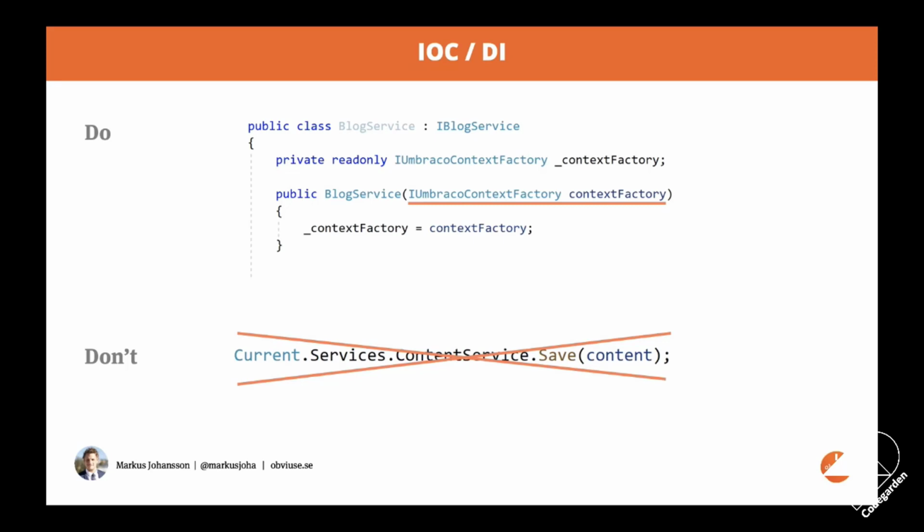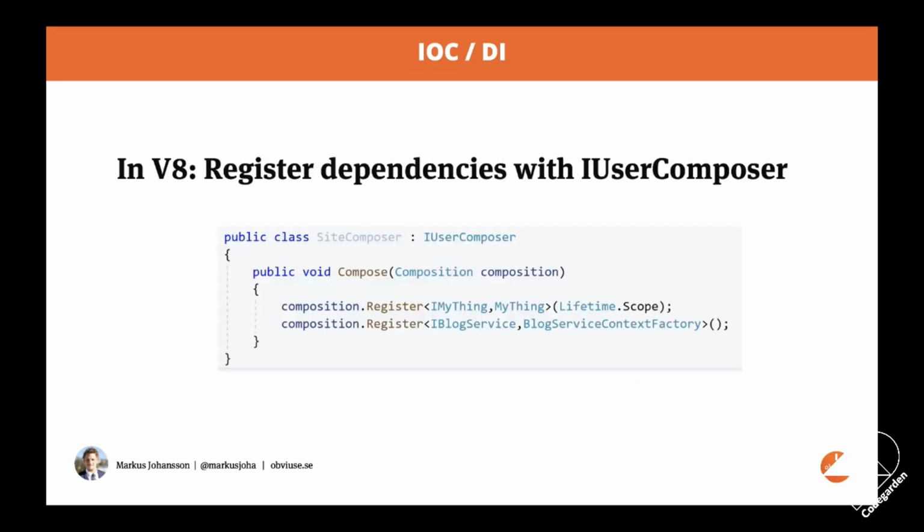So injecting your dependencies is the way to do it. And in V8, you would register your dependencies and your own services using an IUserComposer. And first of all, you will declare your abstractions type and then the concrete implementation of this abstraction, and you will set a lifetime.